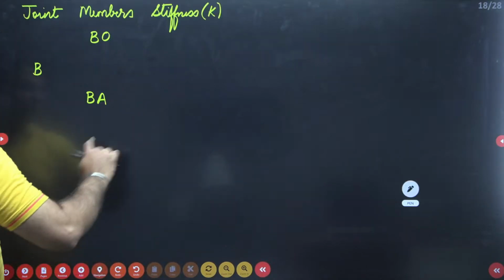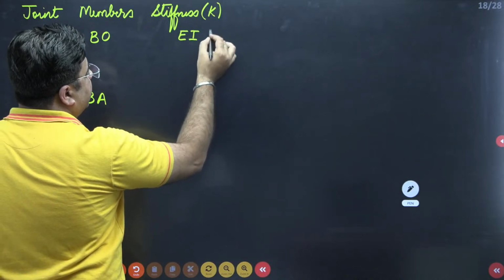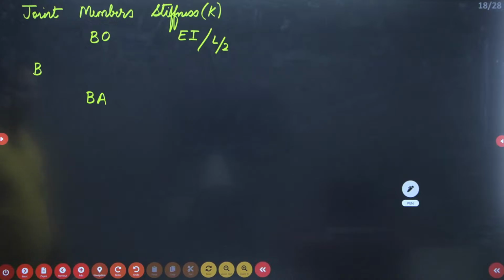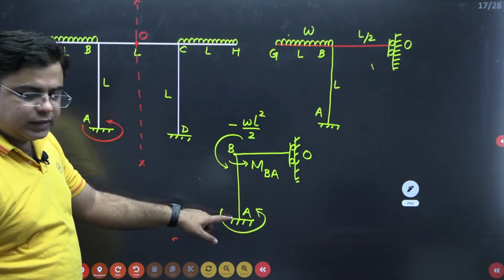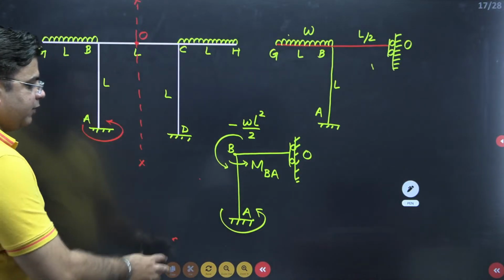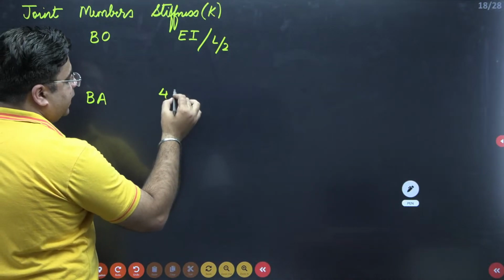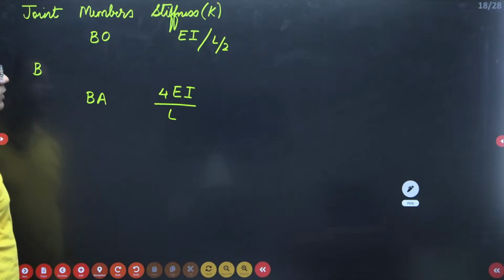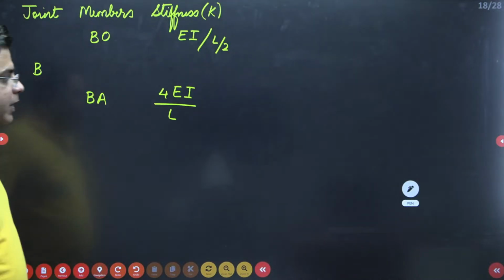So the stiffness for this member BO will be equal to EI by L by 2, which is 2 EI by L. When you look into this member BA, the far end is fixed. Therefore, the stiffness of this member BA will be 4 EI by the length of the member, so it is 4 EI by L. This is your stiffness for members BO and BA meeting at the joint B.